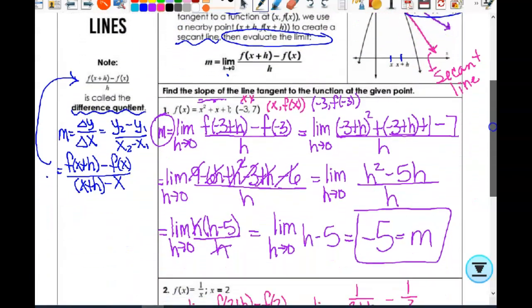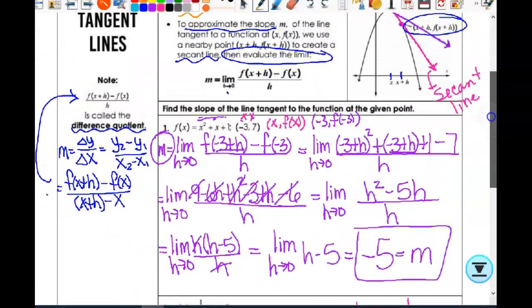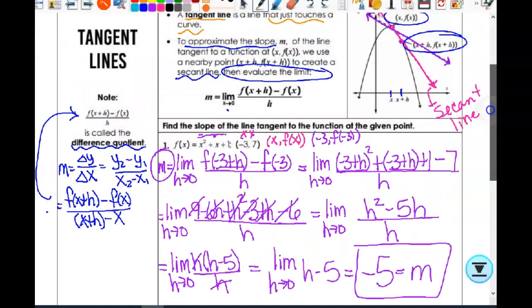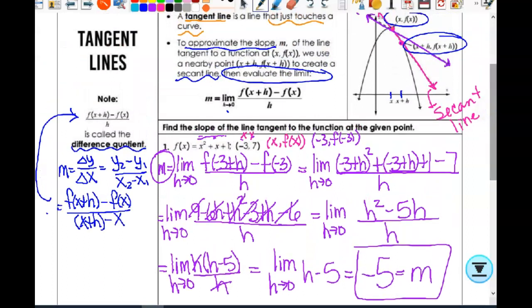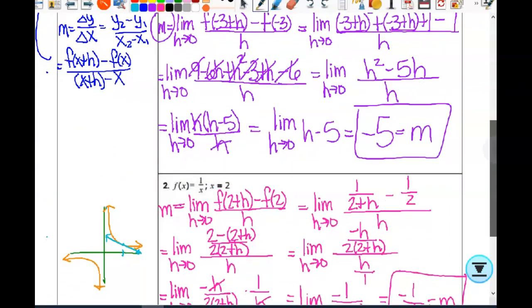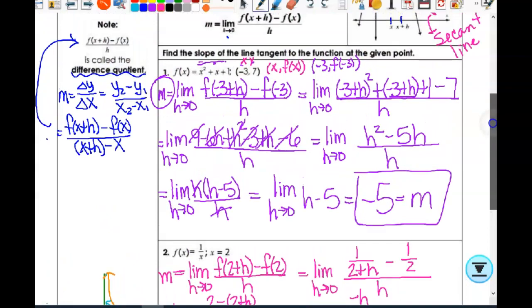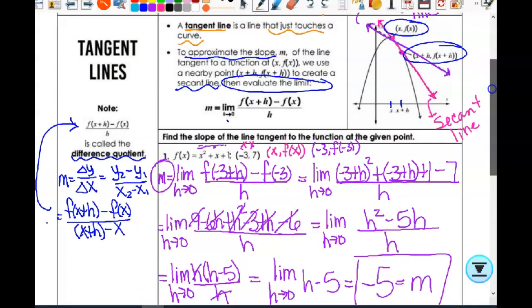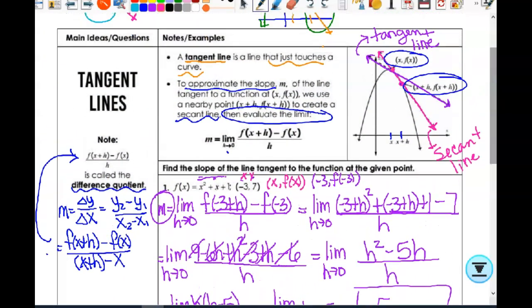We had already talked about limits, and we were using the difference quotient here because we wanted h to get closer and closer to 0, remember how we were sliding this closer and closer. We don't actually have to do all of that with the h's, but it's really just the limit of the slope. That's all we're doing, okay?